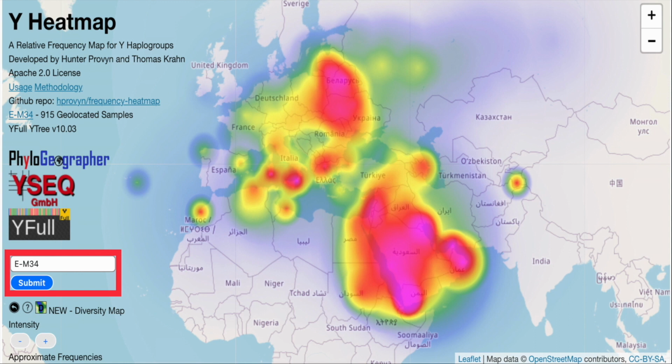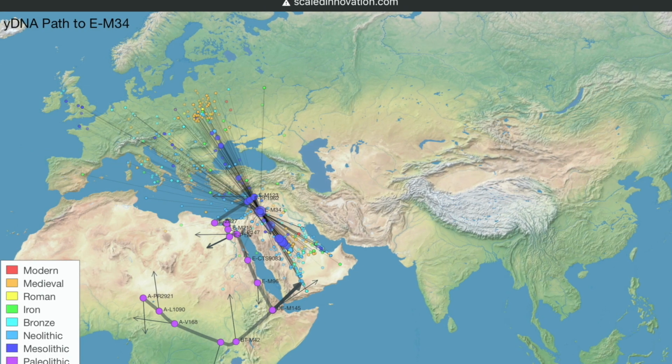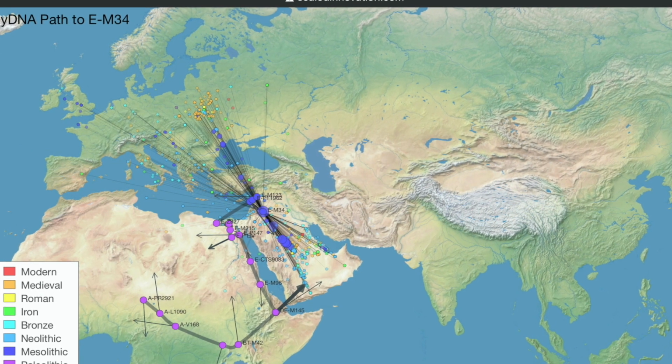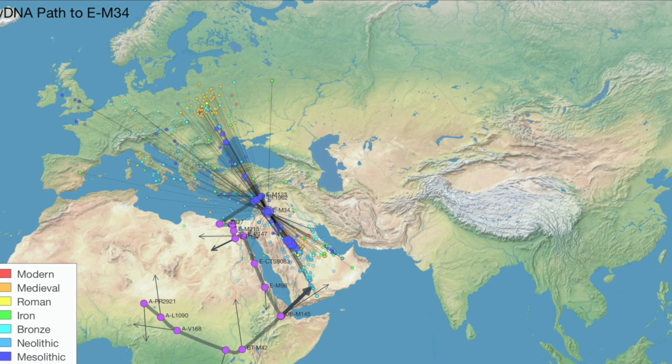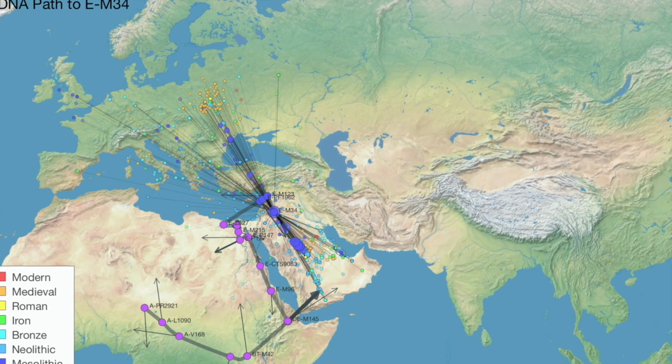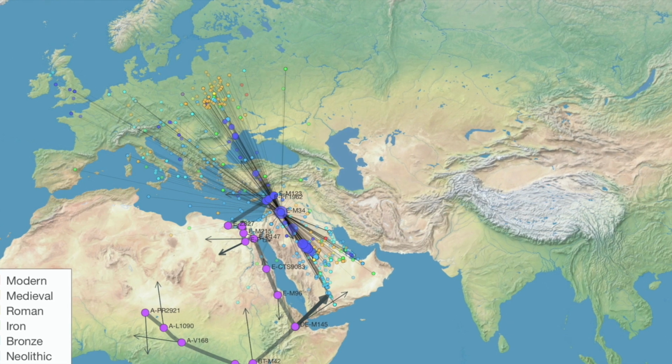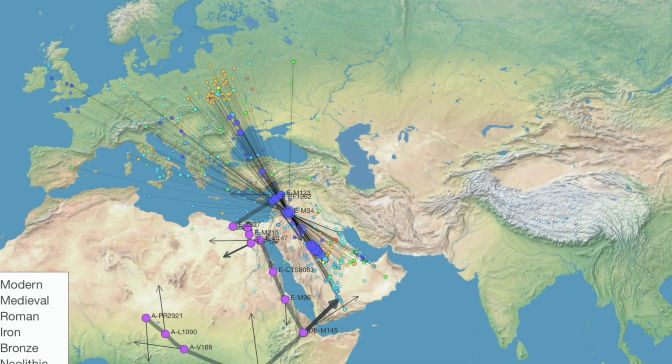Also, if you type in Y heat map E-M34, you see a high distribution within the Arabian Peninsula, other parts of the Middle East, and the Mediterranean. Also, if you take a look at SNP Tracker and type in E-M34, you'll see a high distribution in the Arabian Peninsula as well as in other parts of the Middle East and the Mediterranean.